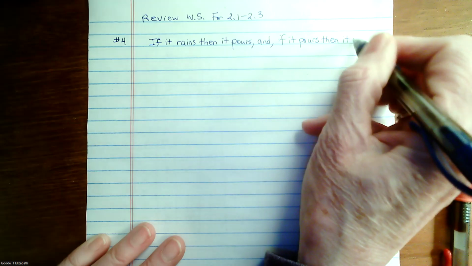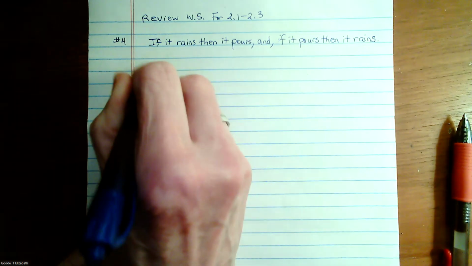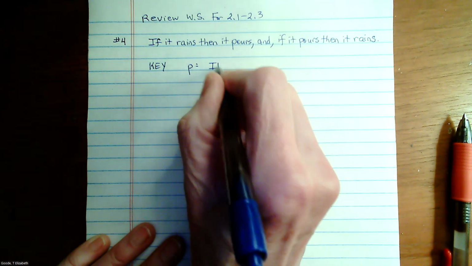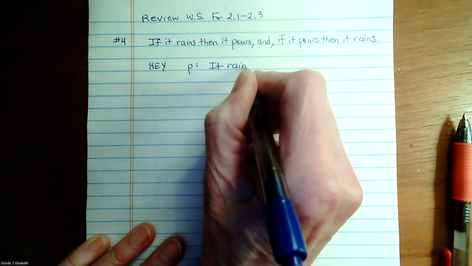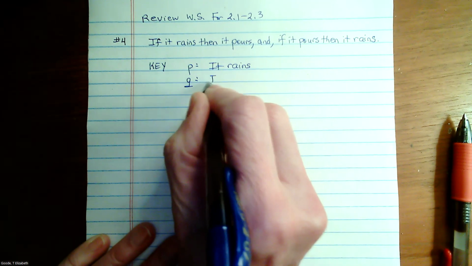So what did you use for your key? For my key, I used P equals it rains. Yep, that's the same thing I used. And Q equals it pours. Great.